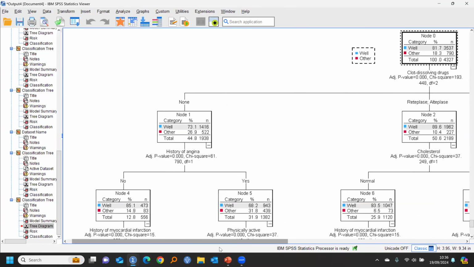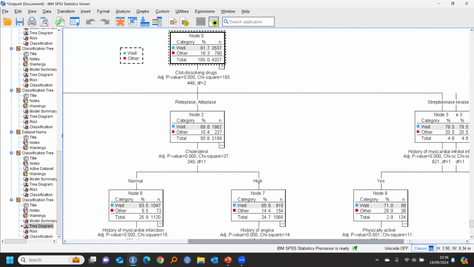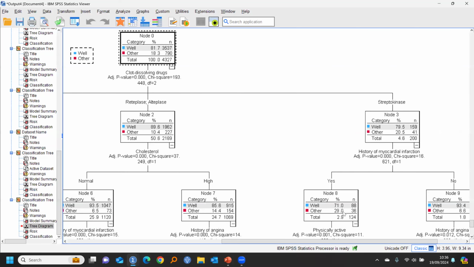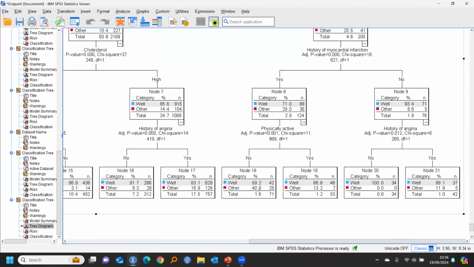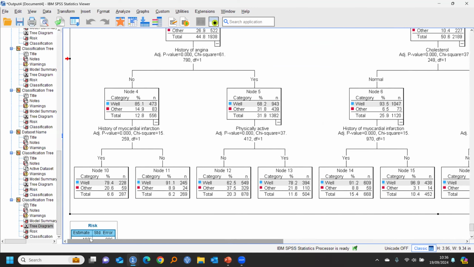But what you can find are situations where people have a much higher than 18% chance, which is the baseline. So if you're looking at groups here, like a 29% chance of having a non-optimal outcome, or a 40% chance. So it's really good at finding these hot spots where we're trying to find increased levels of a particular outcome, whether it be dissatisfaction or readmission to hospital, or in this case, recovery from surgery.